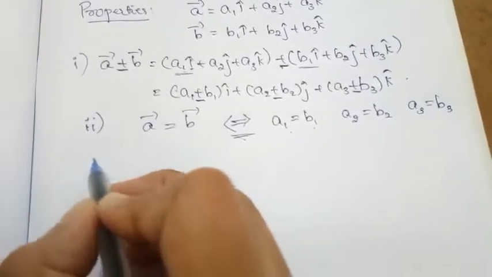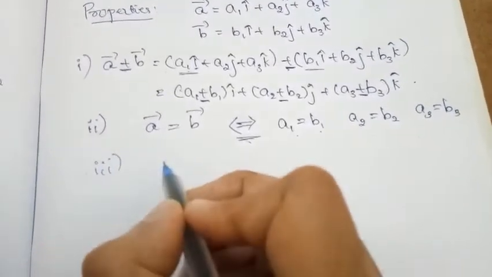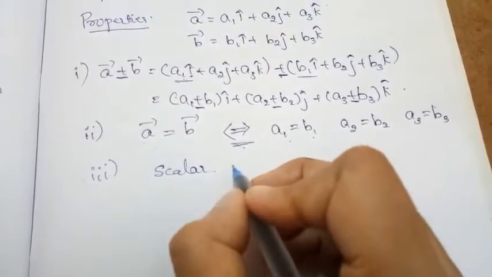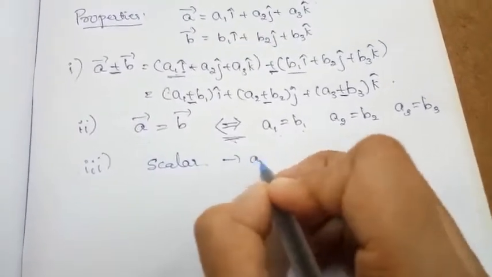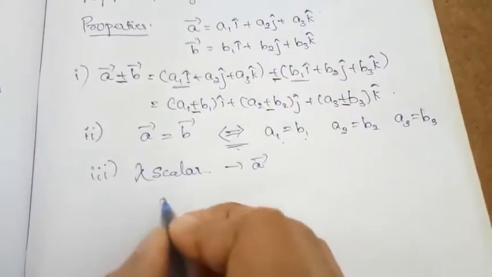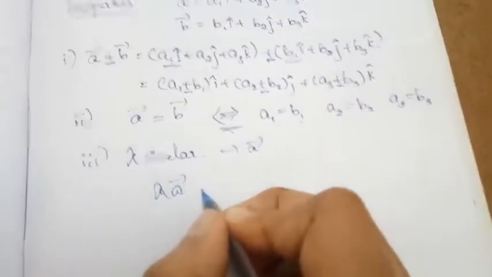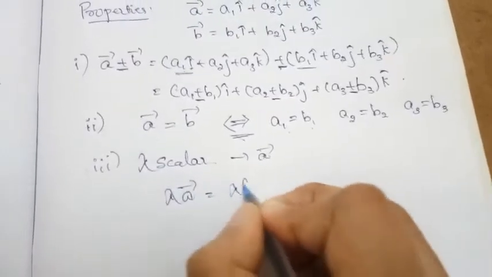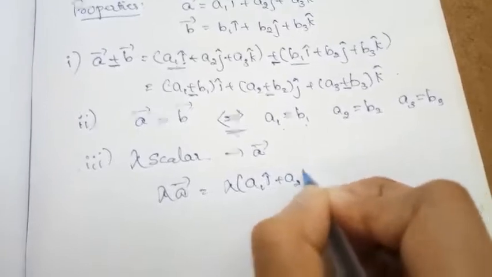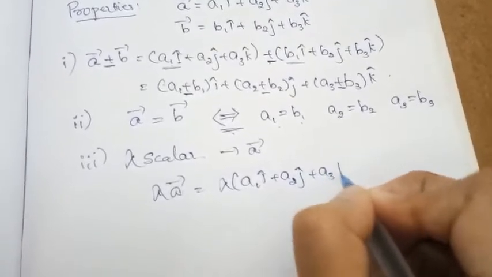Then suppose I am going to multiply a scalar to the vector A, let that scalar be lambda. Then what happens to lambda into vector A? It is nothing but lambda times what is our vector A? a1 i cap plus a2 j cap plus a3 k cap.